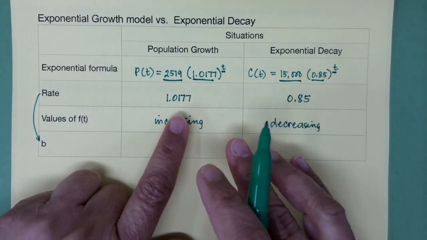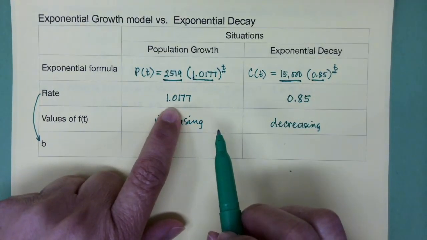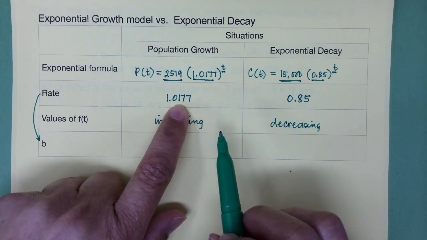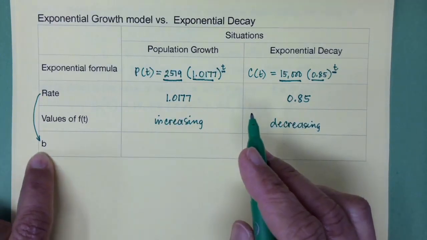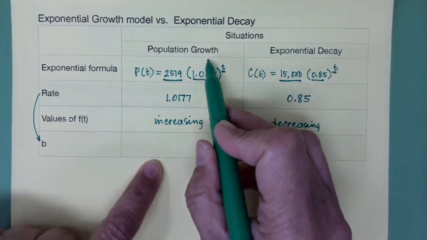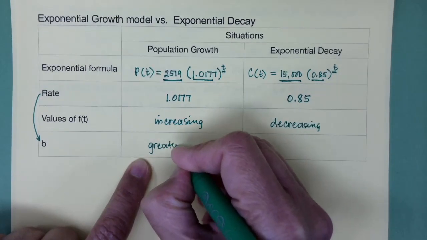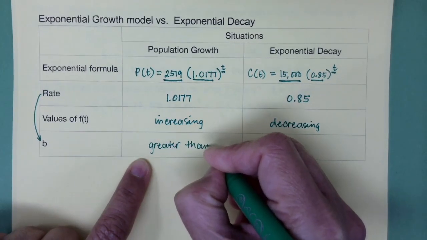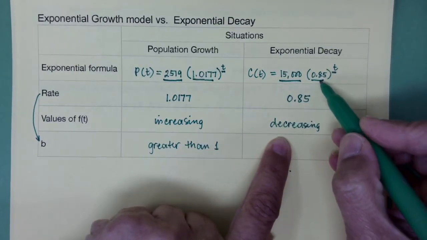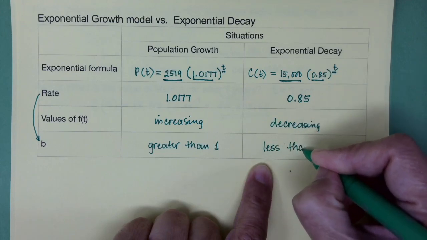But if there is a growth, the rate is going to be what? Greater than 1, because it's now greater than 100%. So the b, the number that you constantly multiply when it is a growth, is greater than 1. But if it is a decrease, the rate is less than 1.